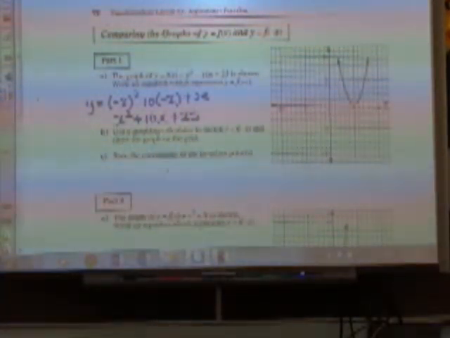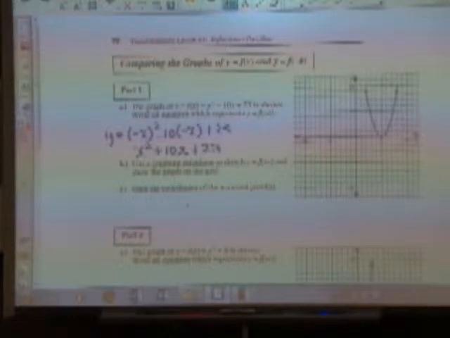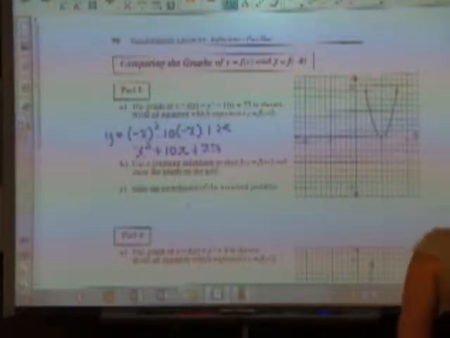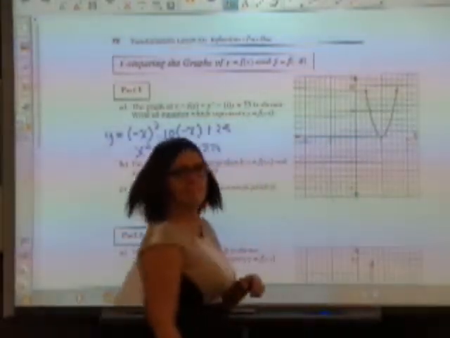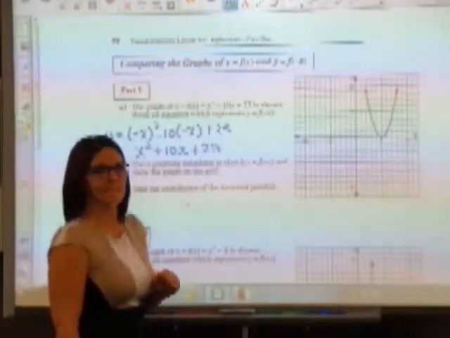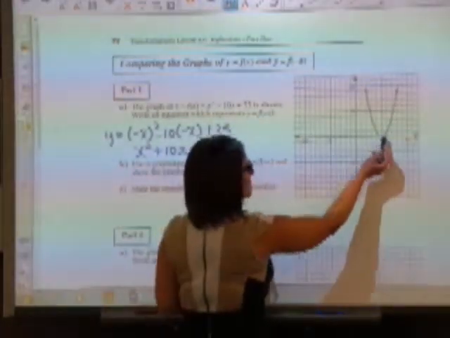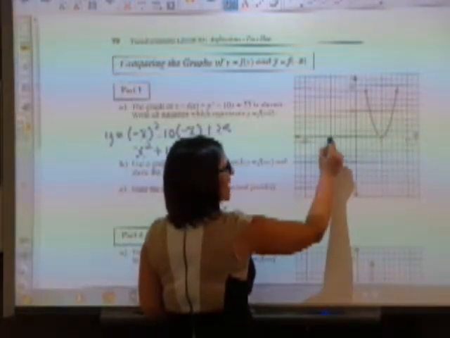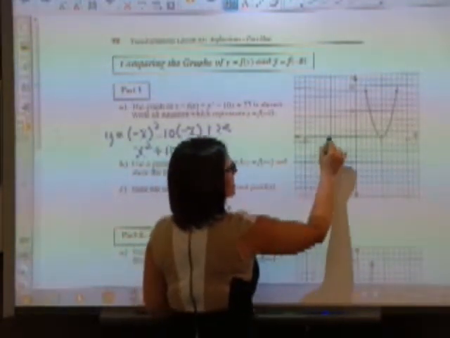So now use your calculator to sketch both graphs. So when you went to sketch the second graph, what did you notice? It's reflected through the y-axis. So this 5 and 0 became negative 5 and 0.